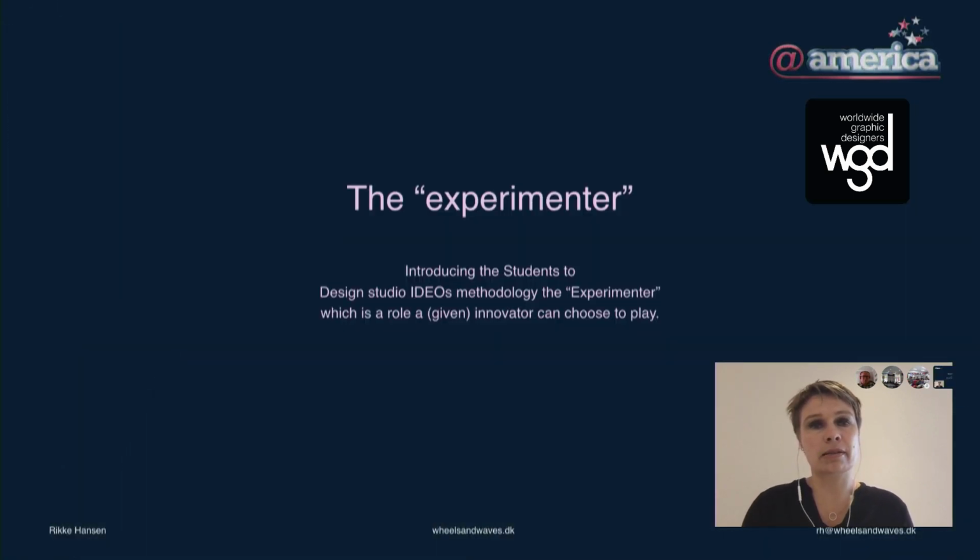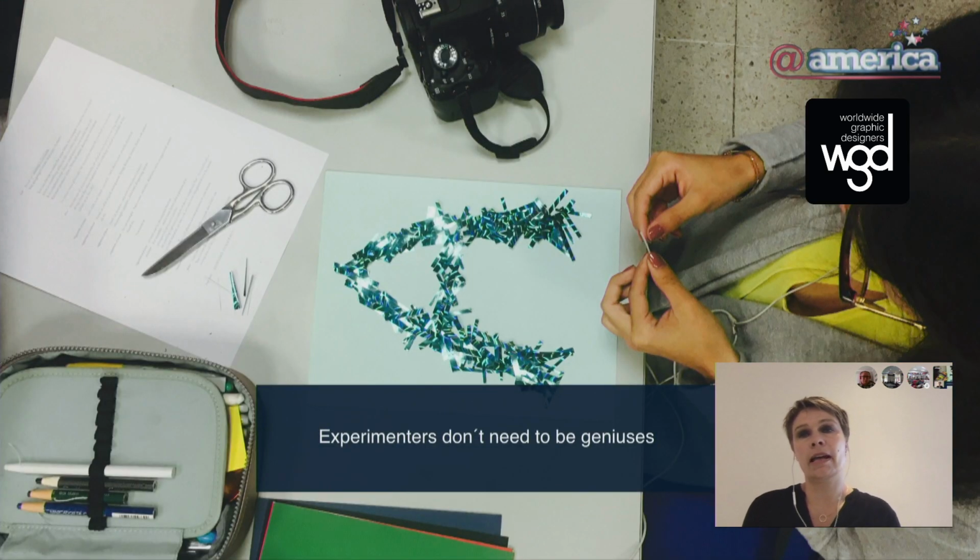The method that we use is called the experimenter. Experimenter is a method that the design studio IDEO is using. Experimenter means it's a role that a given innovator can choose to play. Experimenters don't need to be geniuses. Sometimes you think you have to be really clever to get good ideas.